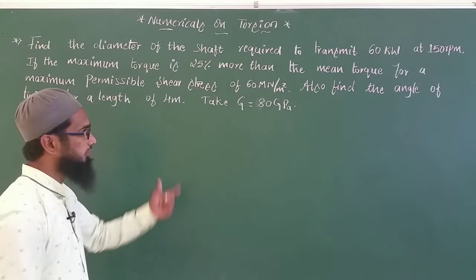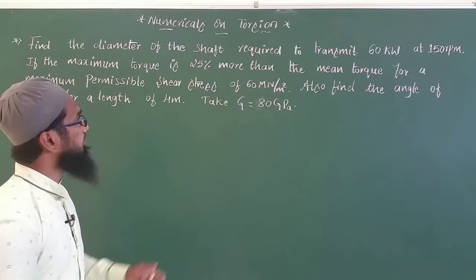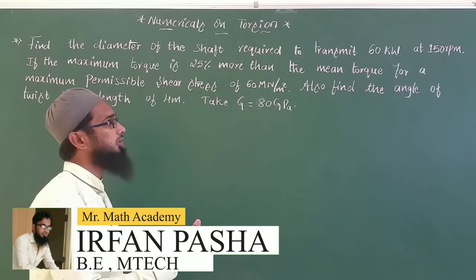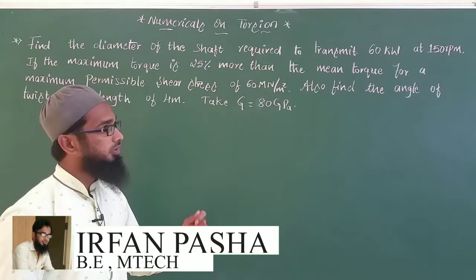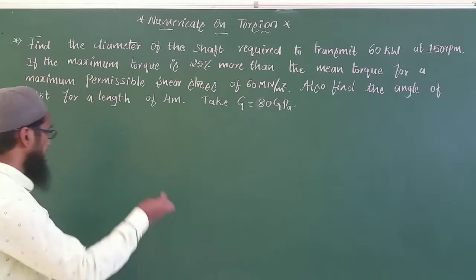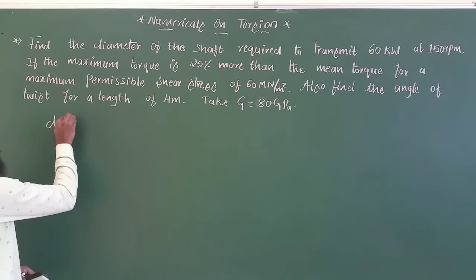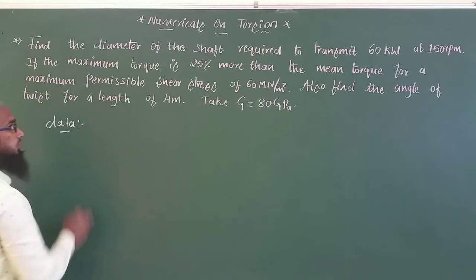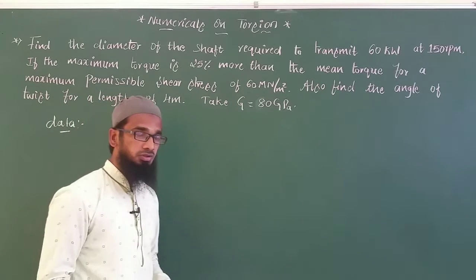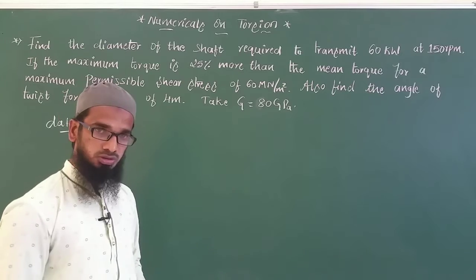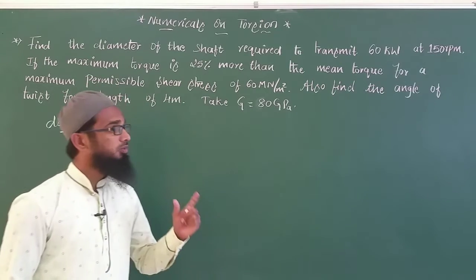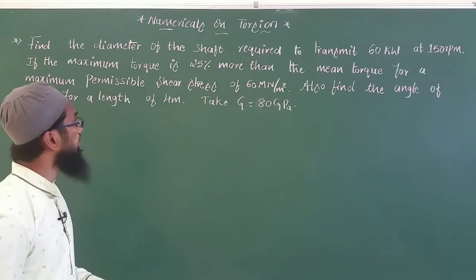What we have to find out for this problem is the diameter of the shaft, which is transmitting a power of 60 kilowatt. The data given in this problem is: the shaft transmits a power of 60 kilowatt when it runs at 150 rpm, which is the speed.